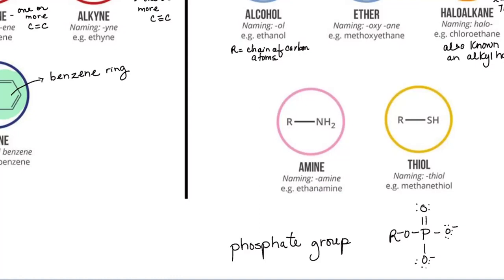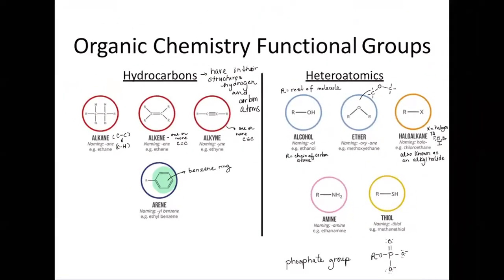That is a phosphate group. And that is also part. The reason why phosphates are included here is because that is an important functional group in biological systems. Any questions so far on the hydrocarbons or the heteroatomics?